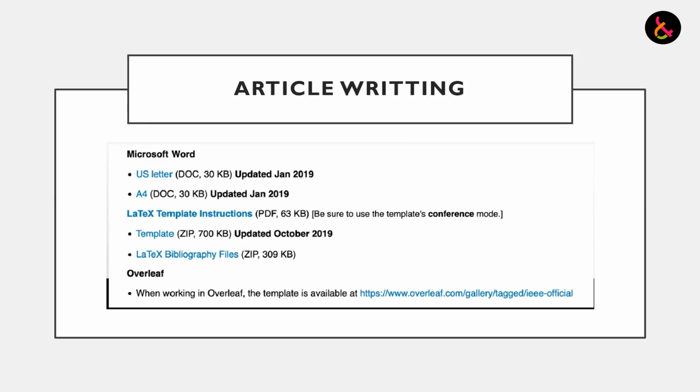So when you think of writing these articles, Microsoft Word and LaTeX are what people are using. And Overleaf is another way of doing LaTeX, because it is the online version of LaTeX, and it is quite free as well. You can download it from the Overleaf website. I'll talk more about this soon.